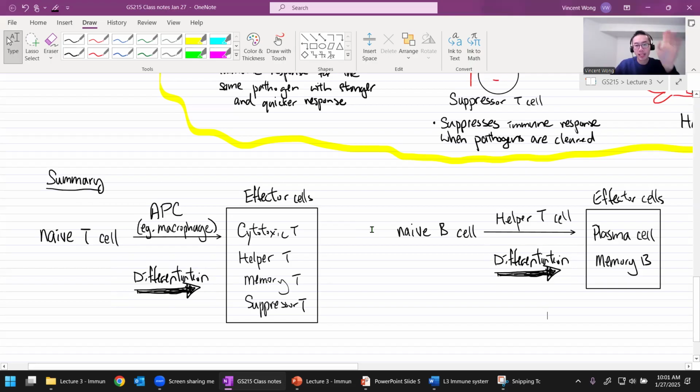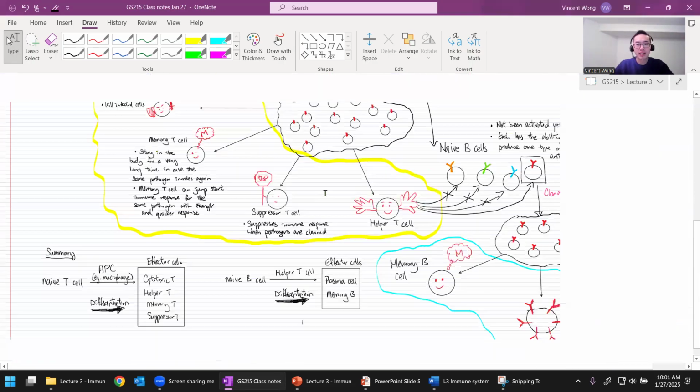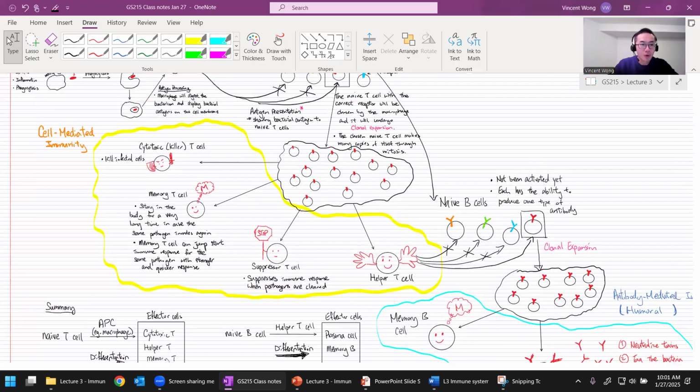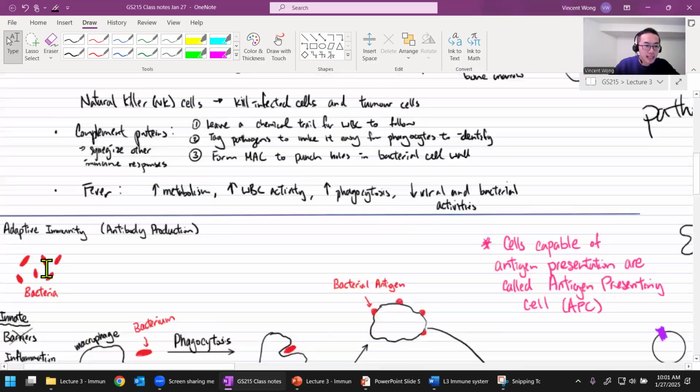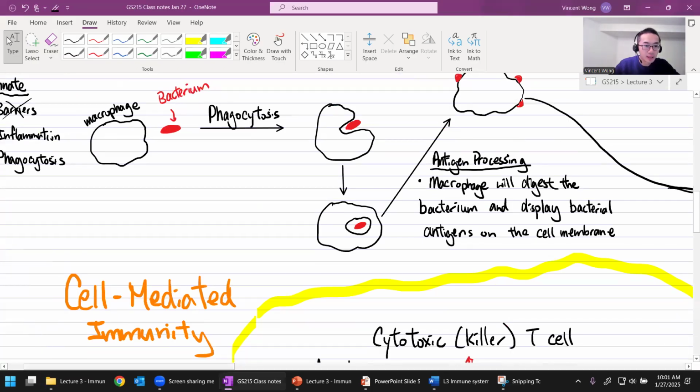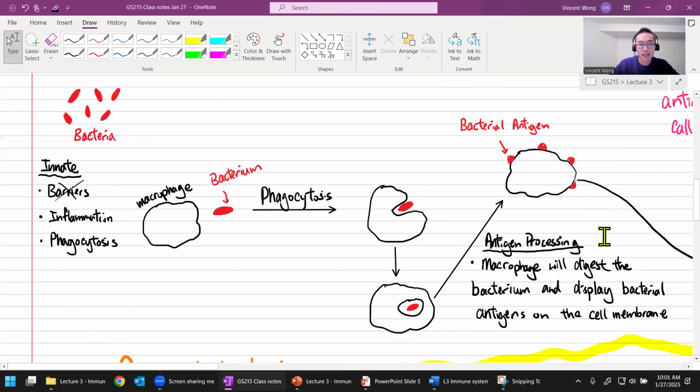So, what is the link between innate immunity and adaptive immunity? Remember, all these things that we've drawn, this is adaptive immunity. It evolves over time, right? And you need to be exposed to the thing in order to develop it. So, what connects the innate immunity with the adaptive immunity?